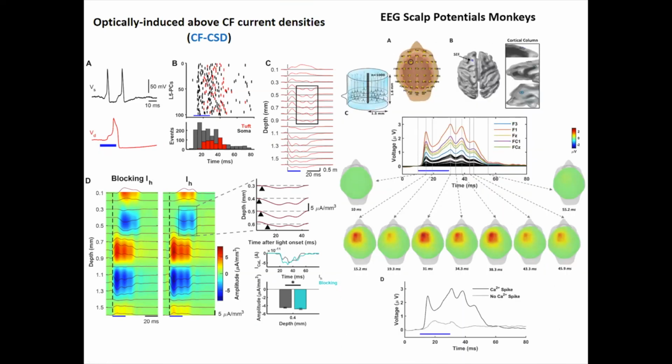We also have been able to simulate many columns of the cortical region in monkeys. Based on the topography, we have been able to reproduce what kind of signature this calcium activity spike produces in these electrodes.